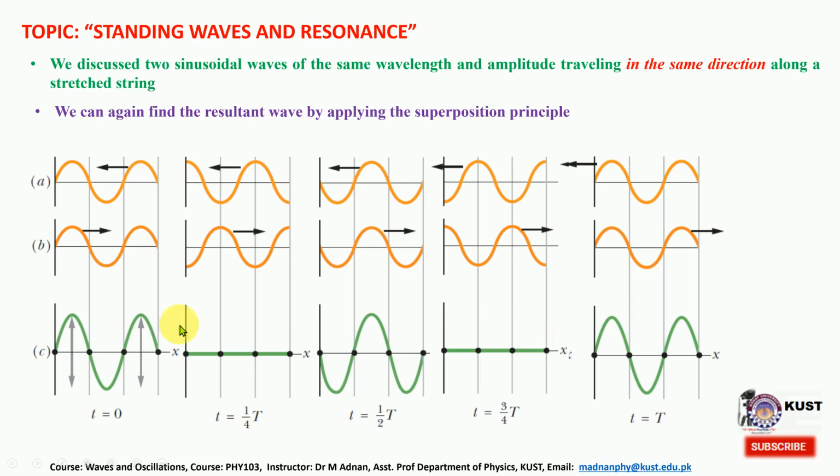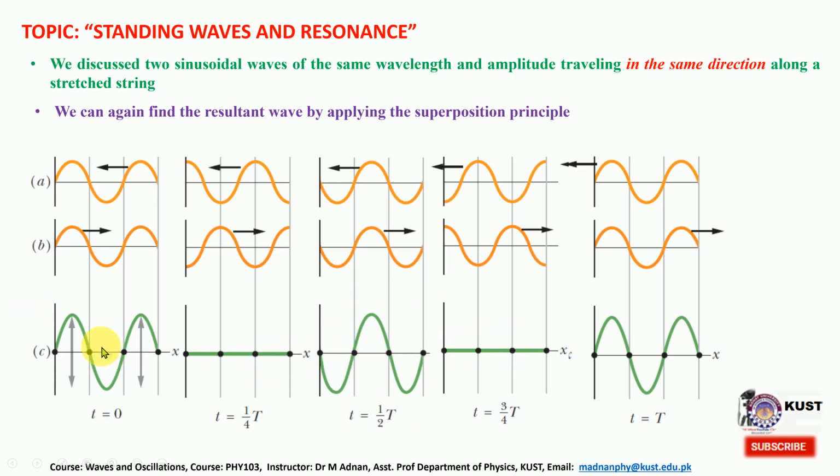So if we see the outcomes, that is the C figure, one can have a double amplitude resultant wave, a zero amplitude, again maximum amplitude or minimum amplitude.